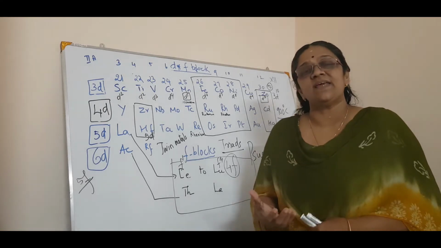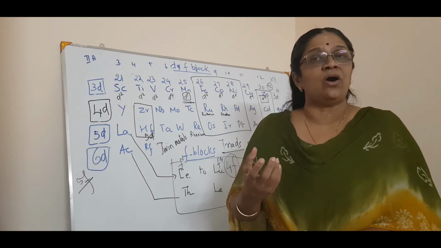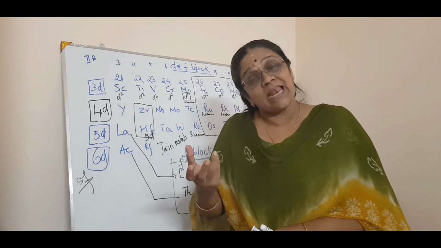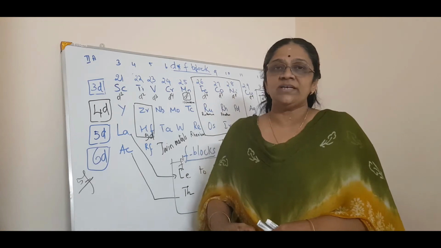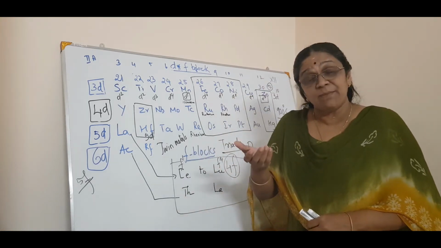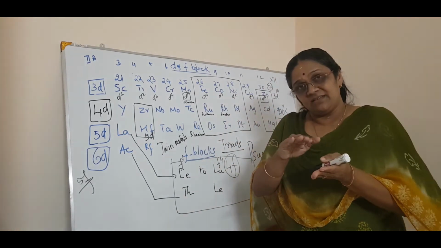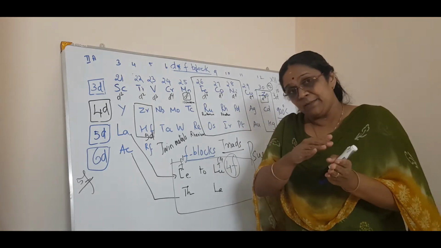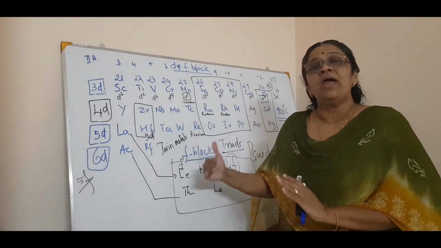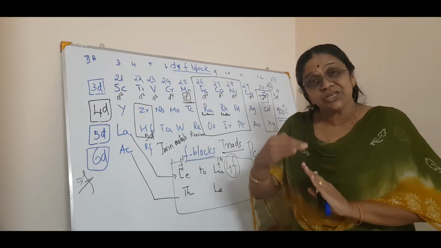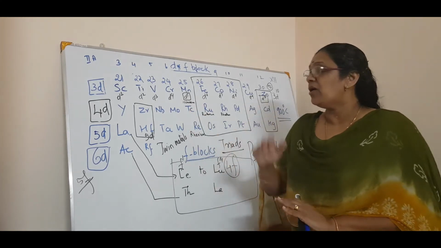Clear? So lanthanoids and actinoids are called f block elements or inner transition elements. Got it? What are inner transition elements? Inner means inner to the d. Isn't it? It is antepenultimate. So that is called inner transition elements or f block elements. Transition elements are called d block elements.